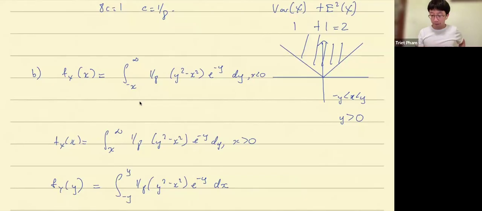And of course, this one is more easily done because the integral is easier. I think it's that thing that we calculated out: 4/3 y cubed e to minus y. Sorry, there's 1/8, so 1/6. All right. Any question?